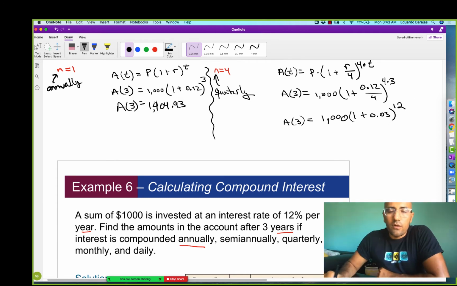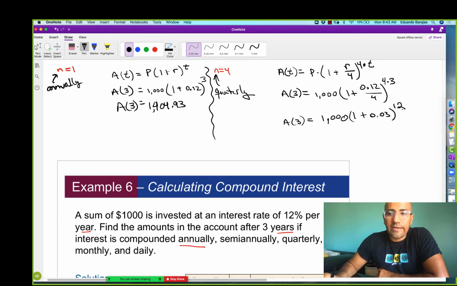Okay, so an interest rate of 12% per year for 3 years, compounded every 3 months, can be solved by doing this. Instead of 12% per year, it's 3% per quarter, per 3 months of the year, with 12 cycles.